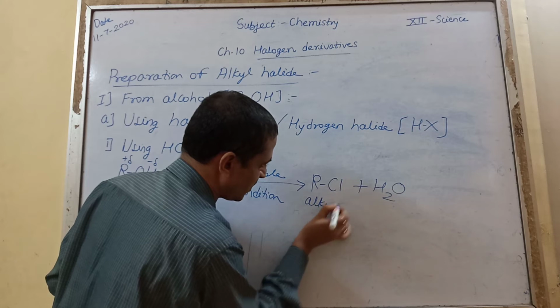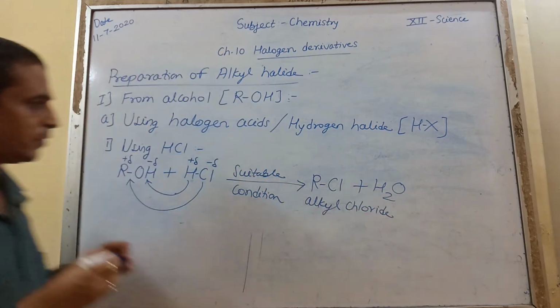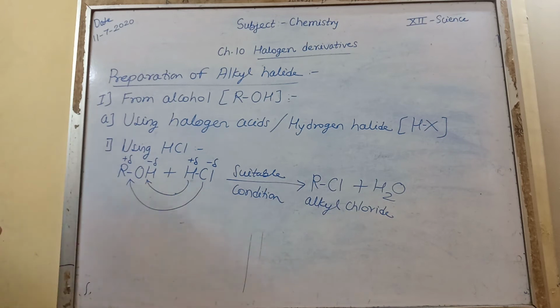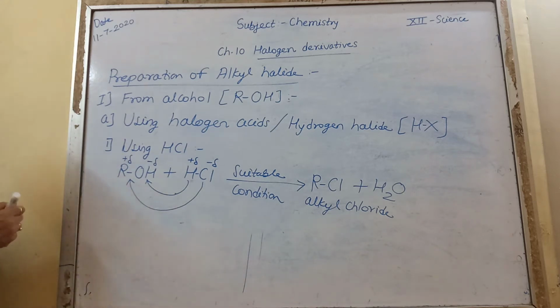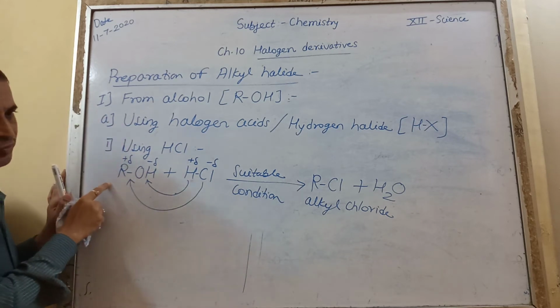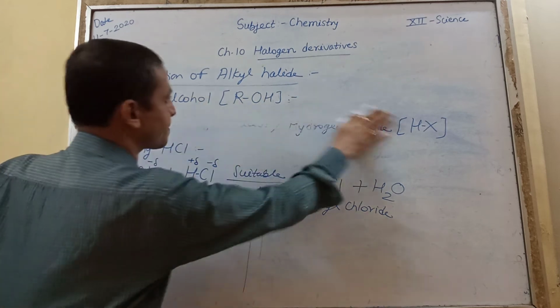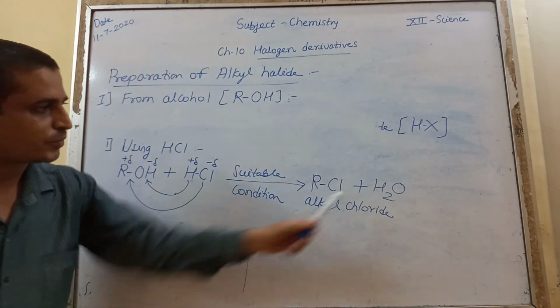Alkyl chloride. Now here we will write important points. You understood this reaction, I think. See, ROH plus HCl, you get what? RCl plus what? Water.